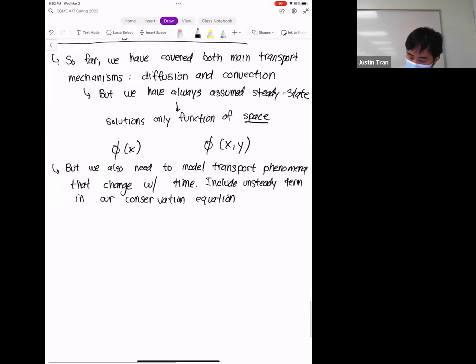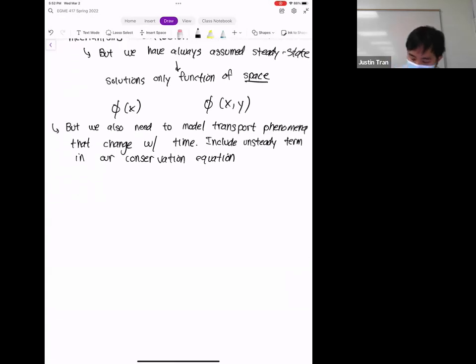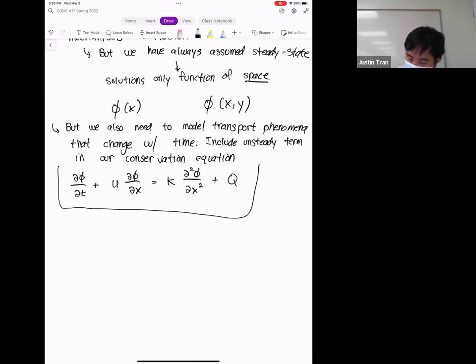And so now our conservation equation is going to look like this, where we have partial phi, partial t, plus u, partial phi, partial x. And I'm just going to do the 1D case right now, and then we'll generalize this to 2D later on.